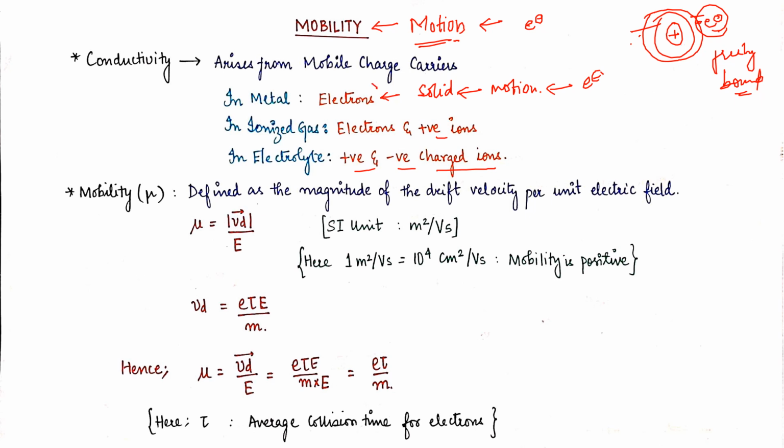So in metals, the only thing which shows the mobility is electrons, whereas in an ionized gas, just see the bromine iodide or some other gas, like helium or something. When we ionize them, they will become Br plus, I minus, or helium plus and some electron.